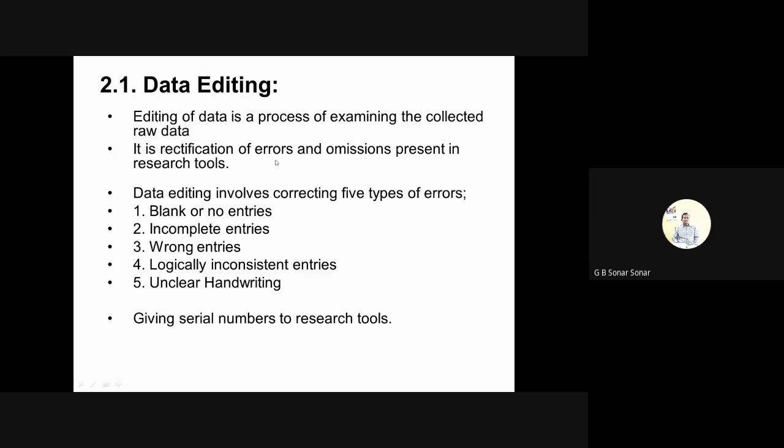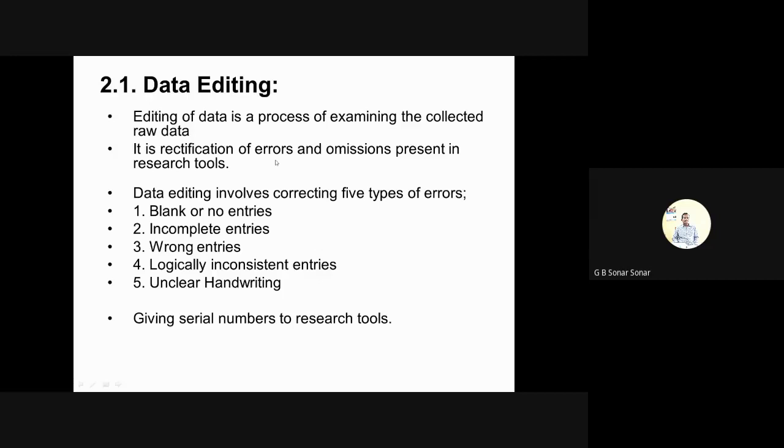If we do not give serial numbers and we go on entering the data into the computer, and if there are any wrong entries or if we need any clarification from the research tool, we will not be able to track from which research tool the data is entered in the master sheet or computer.